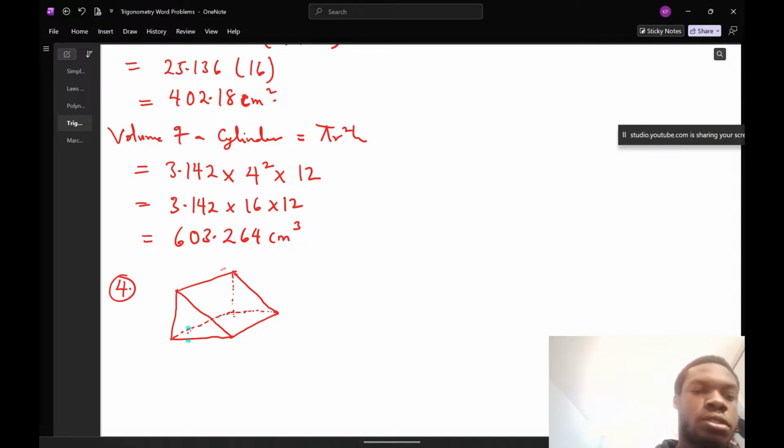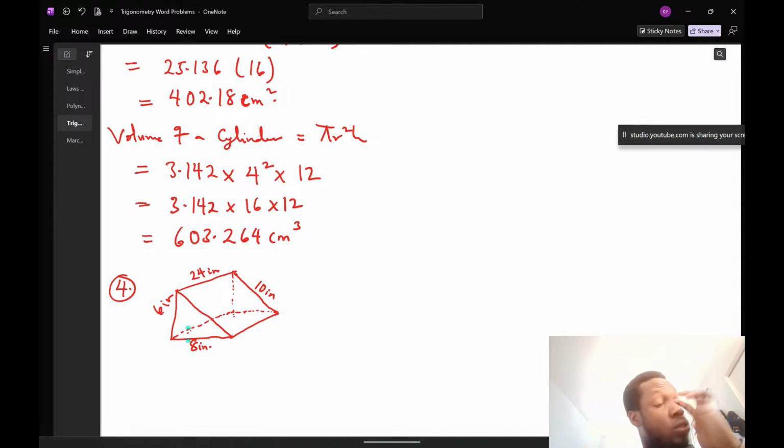So this side to this side is 24 inches. This side to this side is 10 inches. This side to this side is 8 inches. This side to this side is 6 inches.